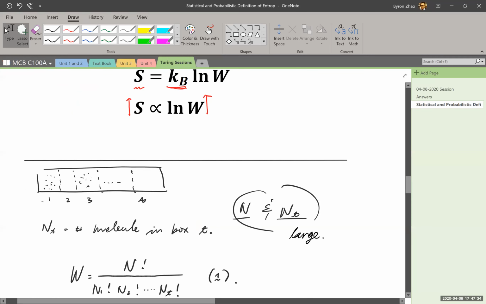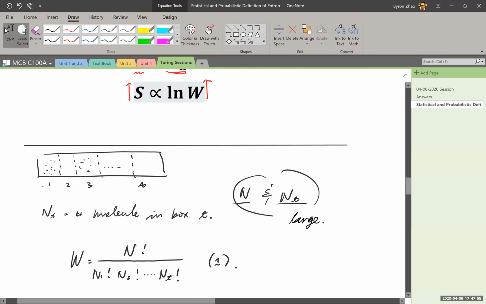So now if we have another box going right here, so now we have a bigger box, okay? It's longer. We divide it into different sections. And if we have 1 to T sections, we would call the number of molecules in section T as NT.